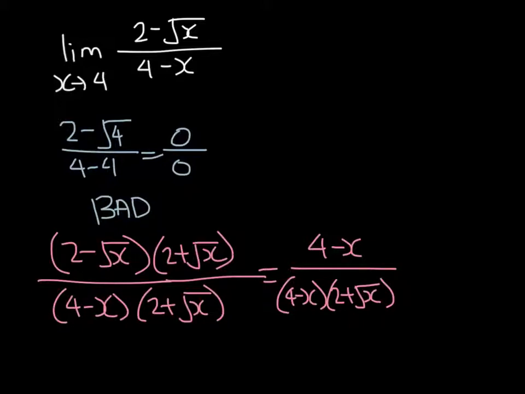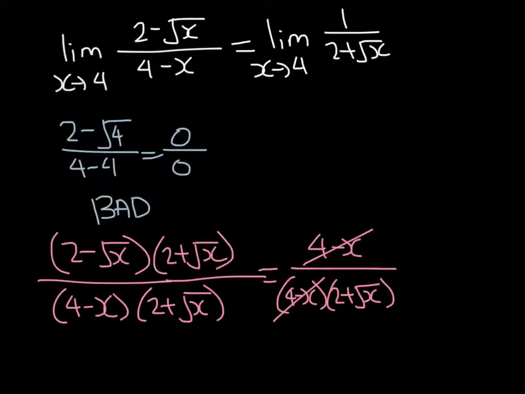Now, from our factoring method, we know that we can cancel out the two terms, and replace our limit expression with this new expression that we found, 1 over 2 plus the square root of x. Now we can just plug in our value 4, and we end up with 1 over 2 plus the square root of 4, or 1 over 2 plus 2, 1 over 4.